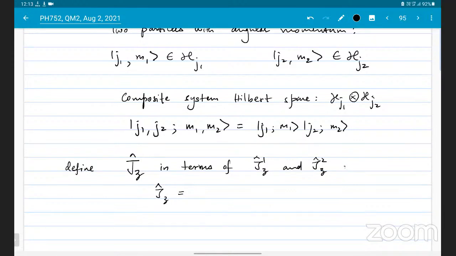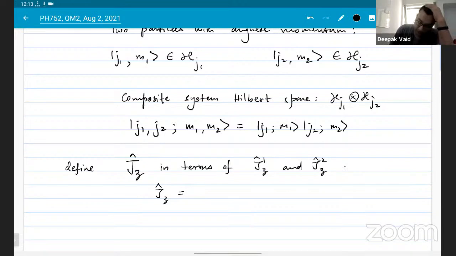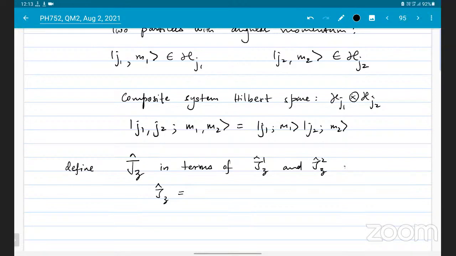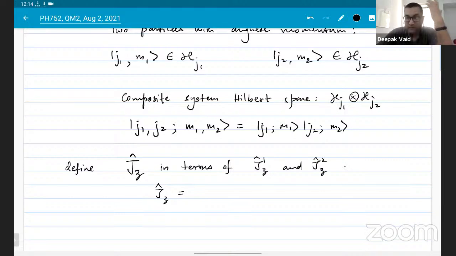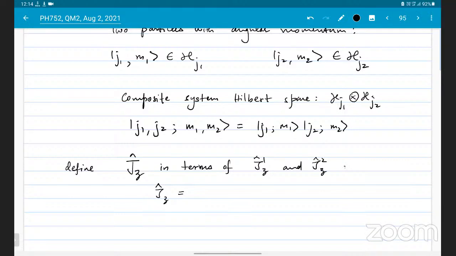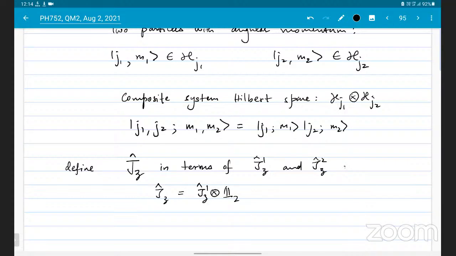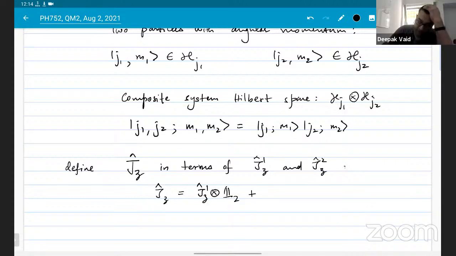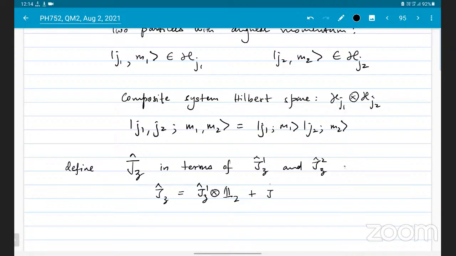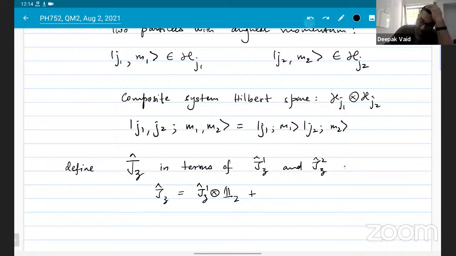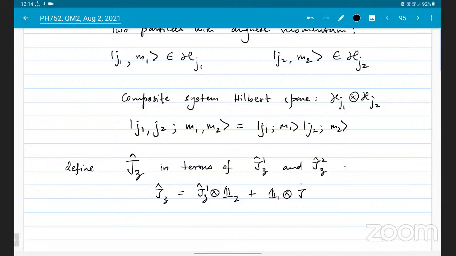It will be the sum of J1z and J2z, but you have to be a little bit careful. So J1z tensor I2 plus I1 tensor J2z, where I1 and I2 are the identity operators on each space. I have to be careful here.